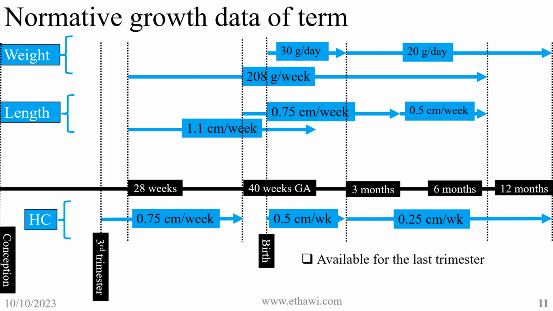So we try our best to simulate what happens inside the mother, because we don't have any real data about how these babies grow when they are delivered prematurely. We don't actually have an idea, and we use the data from the fetal life.